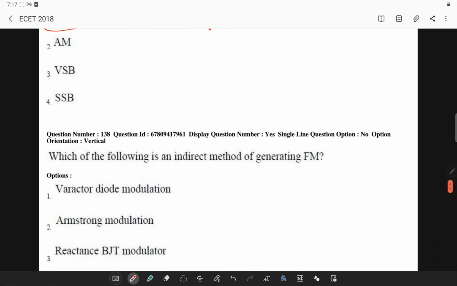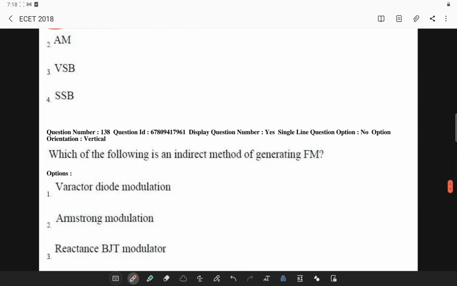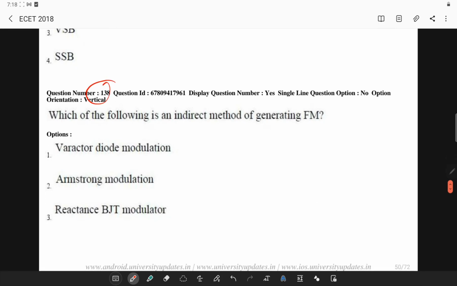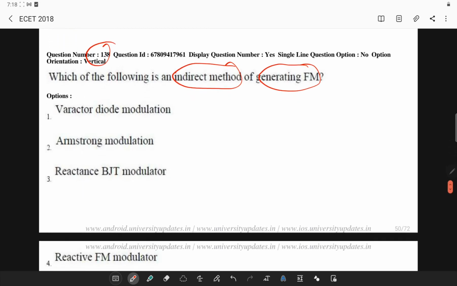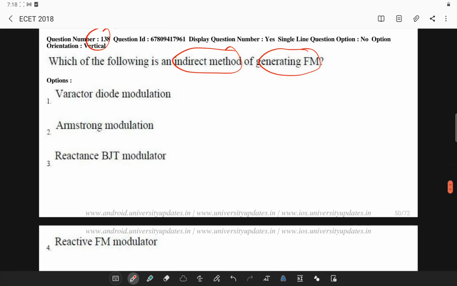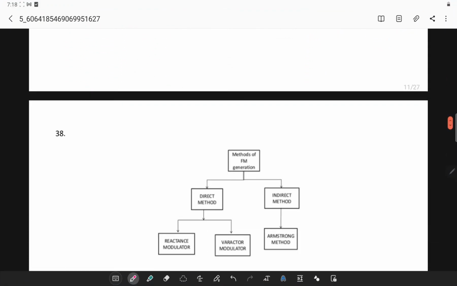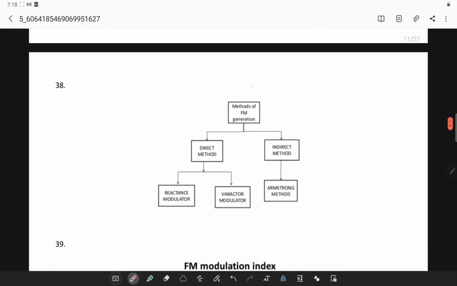The next question: which of the following is an indirect method of generating an FM signal? If you see, among all these, the Armstrong method is the indirect method of generating an FM signal. This is an important diagram a student has to remember.